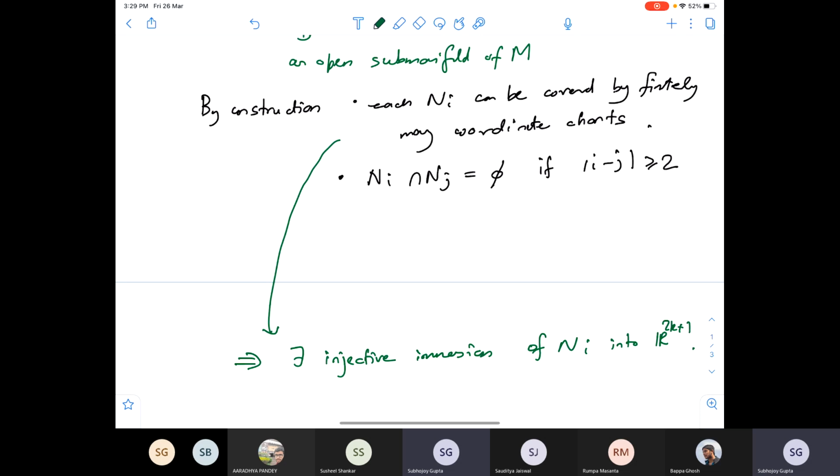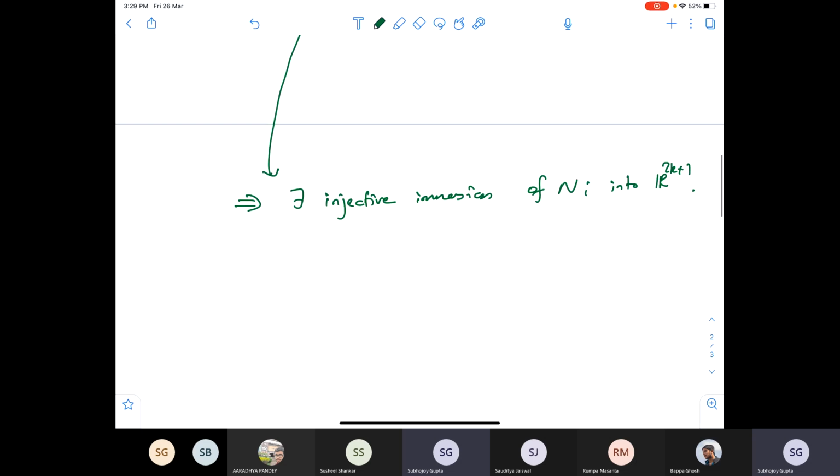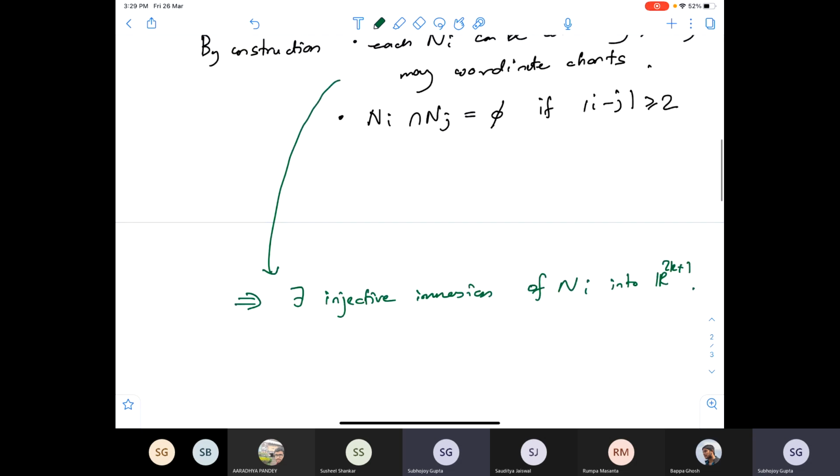We know this from our previous arguments, because if it's covered by finitely many coordinate charts, you have an injective immersion into some large Rn, and then we saw that you can reduce the dimension one by one until you get to 2k plus 1. So each of these can be injectively immersed into R to the 2k plus 1.